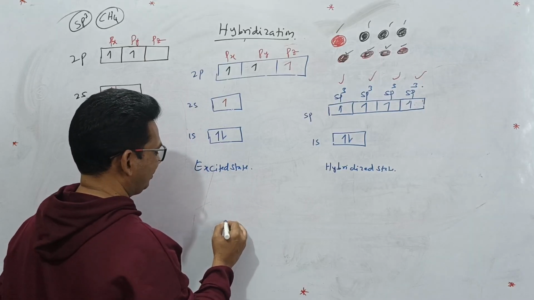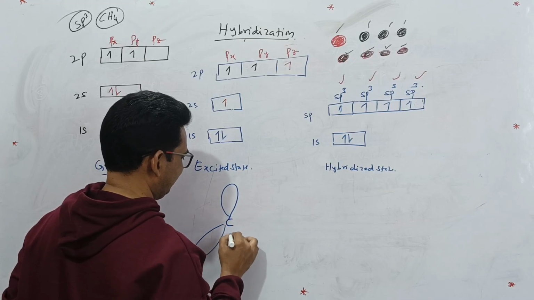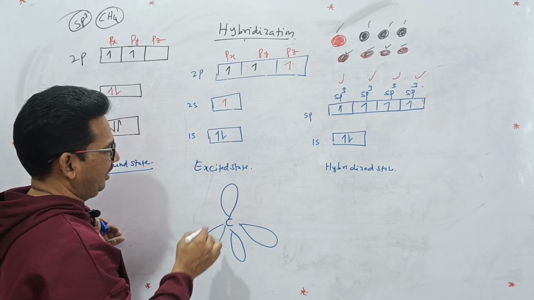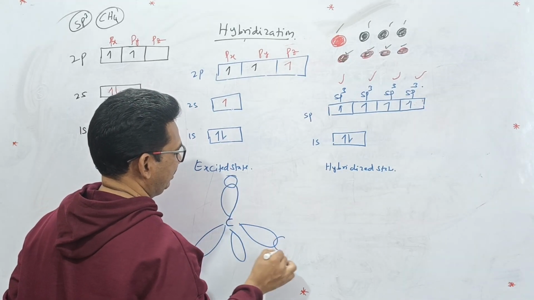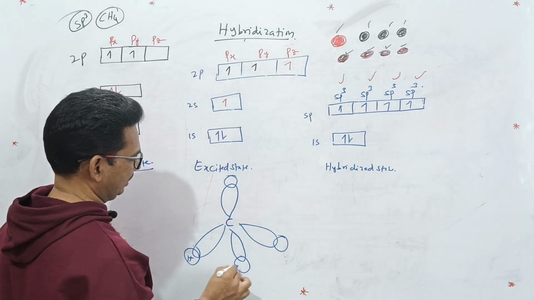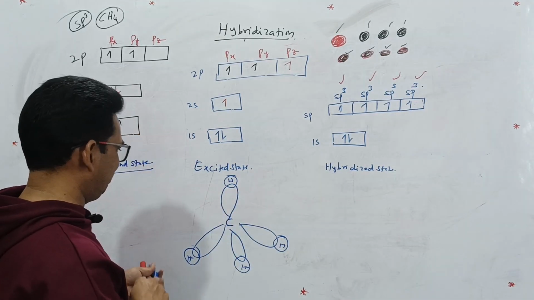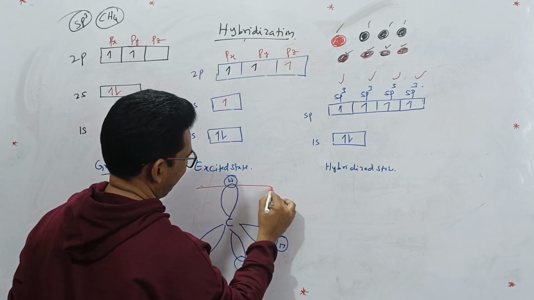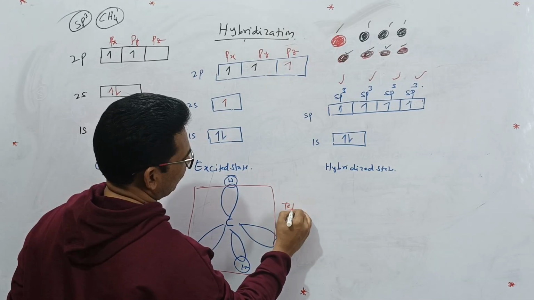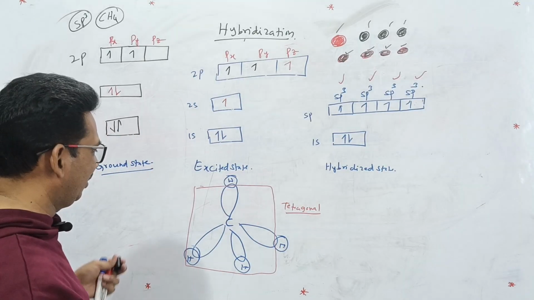Now how can we write the orbital structure for this? You can see here hydrogen, hydrogen, hydrogen, H, H, H, H. Now see what shape it gets. Draw it. What is the shape called? Tetrahedral.